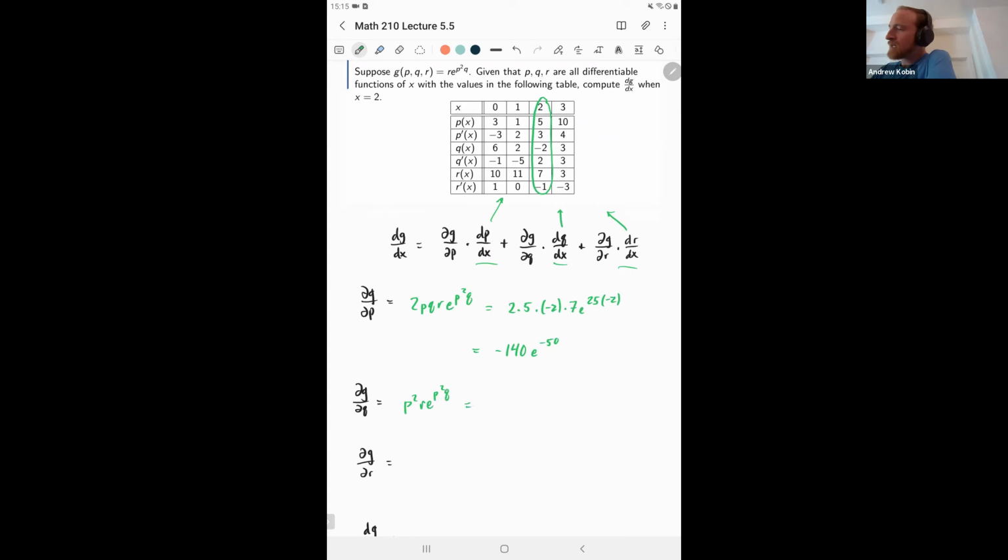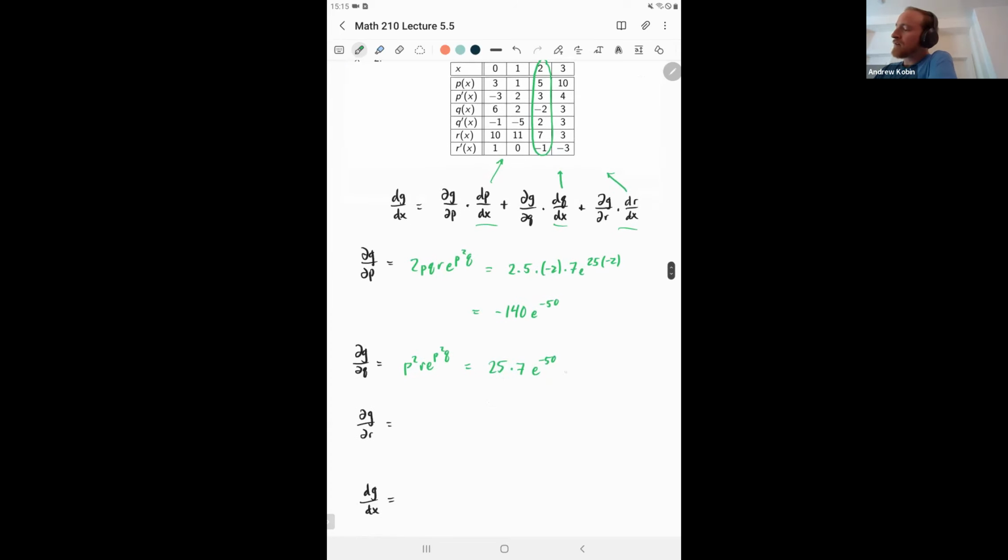Here, p at x equals 2 is 5, so that's going to give us 25. R is 7, and then e to the -50, same exponent as we have. We'll have this the whole way through. We can simplify a little bit. 25 times 7, it's only one less 25 than 25 times 8, which is 200. So this is 175 times the exponential expression.